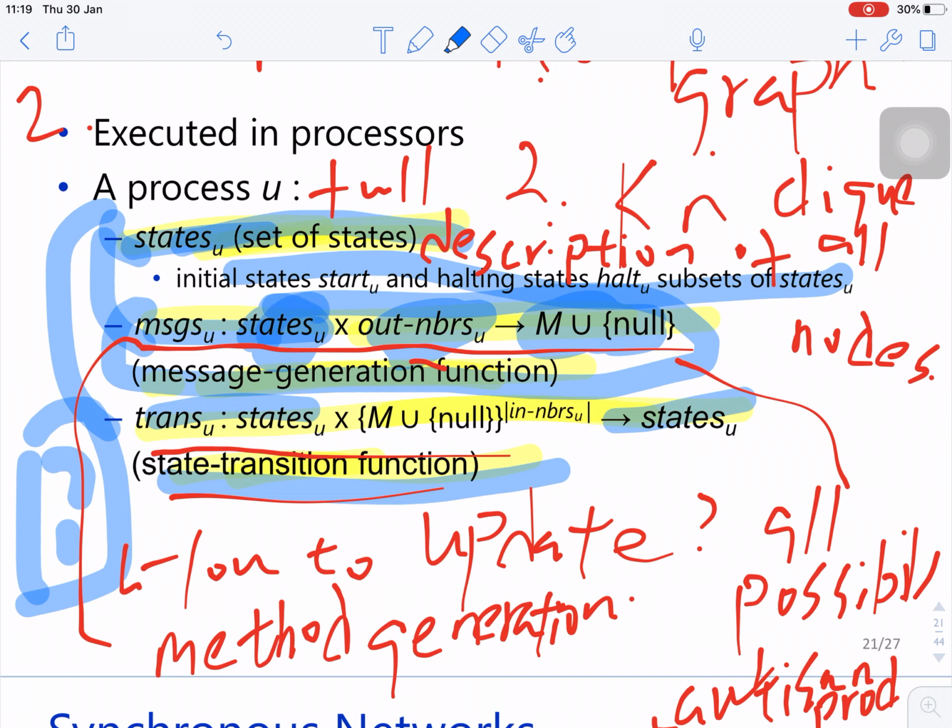For example, let's say you and your mother form a distributed network, and your status is maybe 0 or 1, maybe you are awake or not awake, and you have a neighbor, your mother. Let's assume that if you are 1 and your mother is 1, you are going to call your mother.